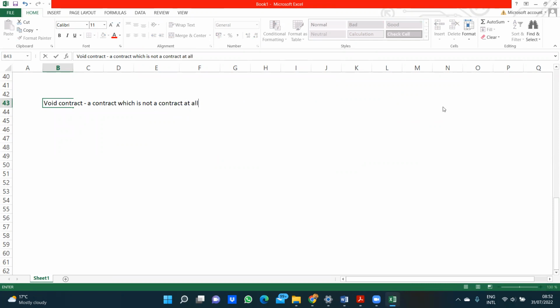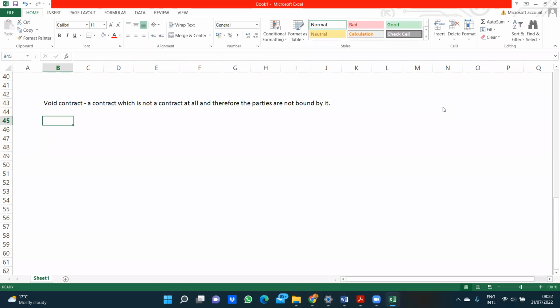And therefore, if a contract is not a contract at all, the parties are not bound by it. So this is a void contract. The contract itself is void, so the parties under it are not legally bound by the contract.